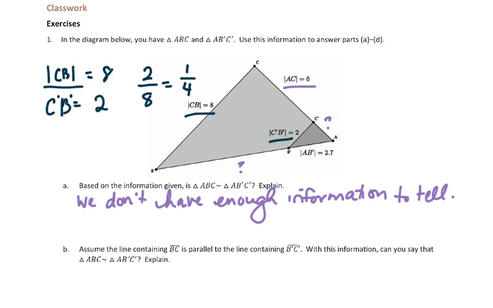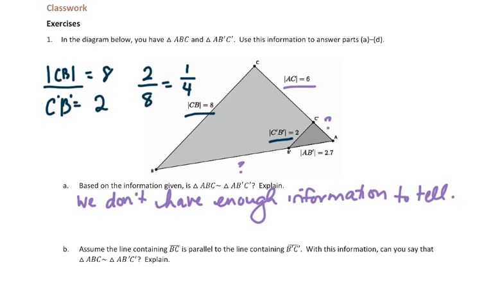And then it says, assume the line containing BC is parallel to the line containing B prime, C prime. With this information, can you say that triangle ABC is similar to AB prime, C prime?